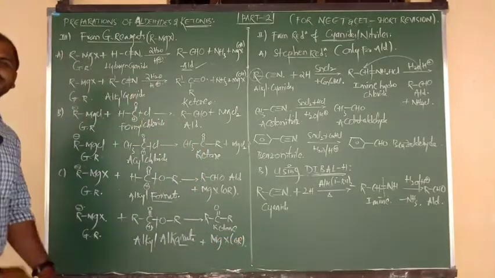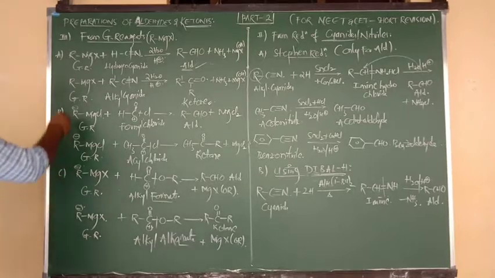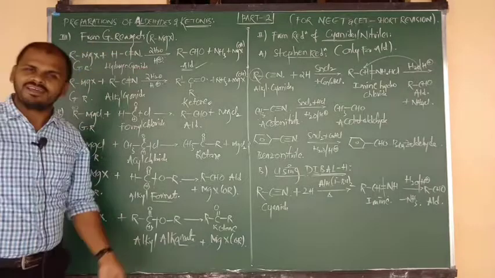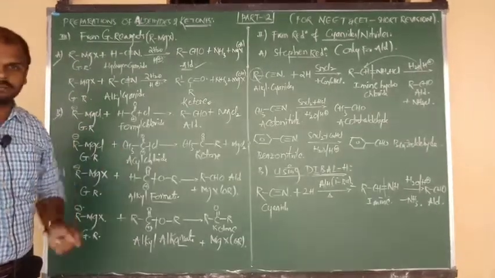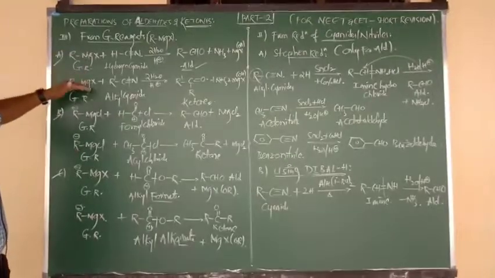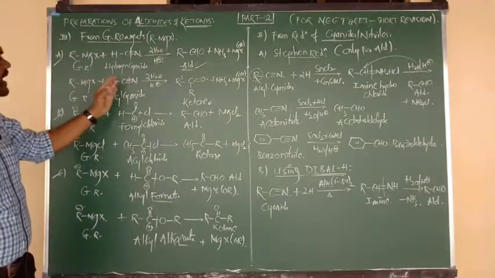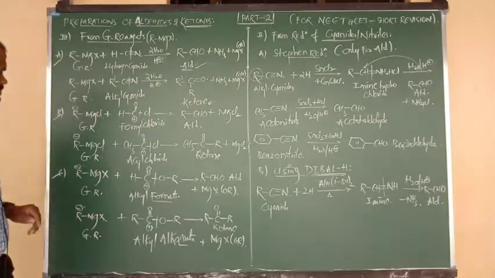Once again listen carefully. 3 cases are there. Again 2 sub cases are there. Total 6 reactions by using what? Grignard reagent. Once again I am going to repeat the statement. Grignard reagents on reaction with hydrogen cyanide gives aldehyde and other alkyl cyanide gives ketones.